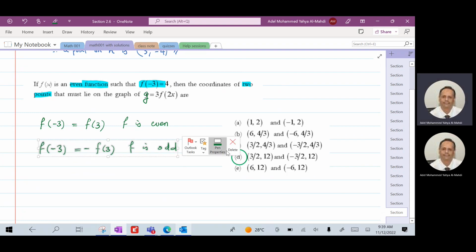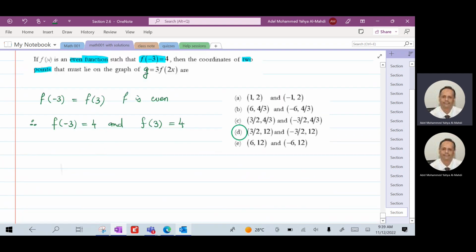Because he said f is even, it means f at minus 3 is the same as f of 3. Then we are given f at minus 3 equals 4, and we know f of 3 also is 4, because f of 3 is the same as f of minus 3.